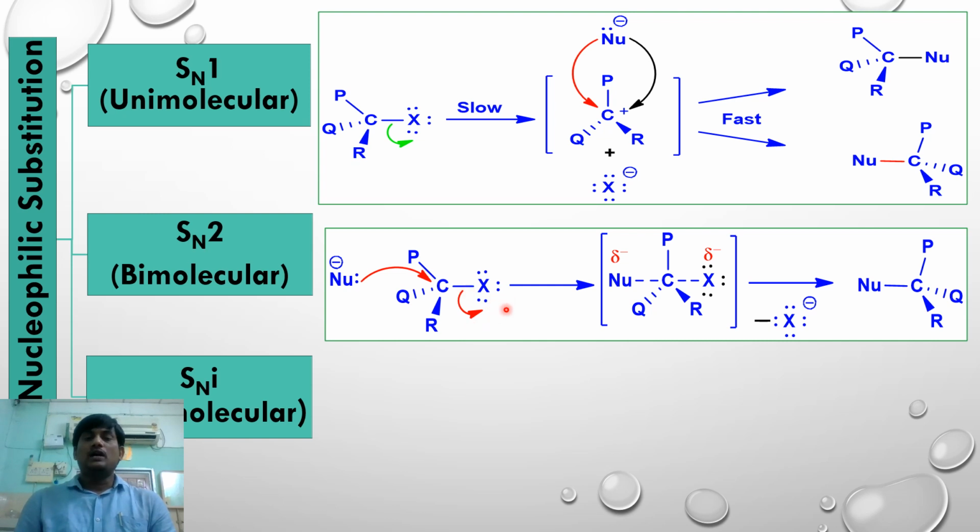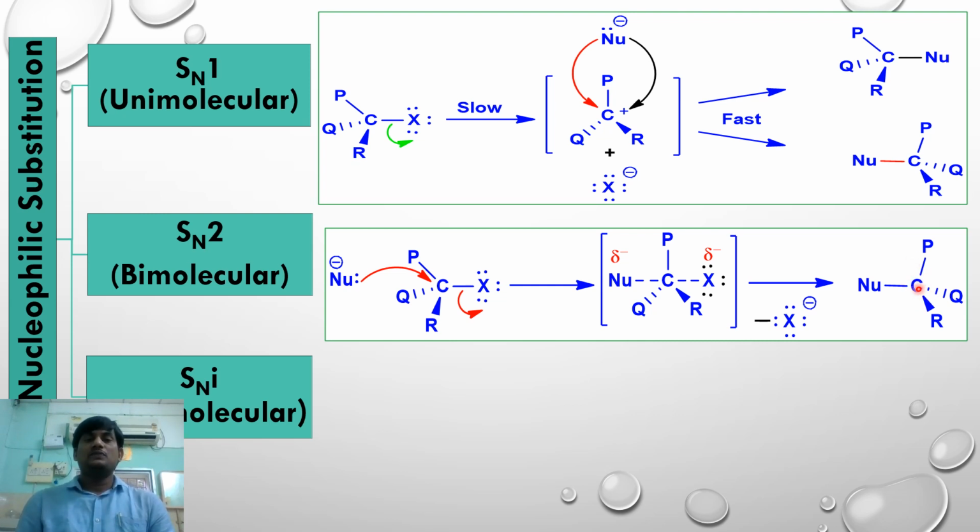Here, there is a formation of pentacoordinate transition state. This pentacoordinate transition state decomposes into nucleophile substituted product and halogen. Here, since the nucleophile attacks the reaction center from the back side, there is an inversion of the reaction center. This inversion is also called Walden inversion.